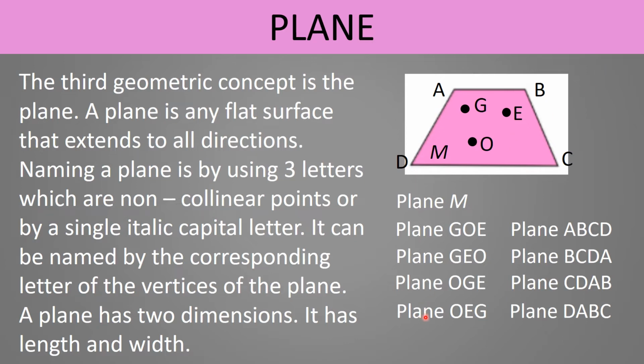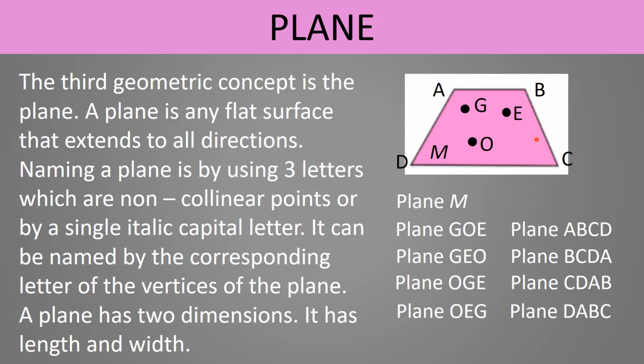Also, we can name it through the corresponding letters of its vertices. Vertices are where the segments intersect. So we have here point A, point B, point C, and point D. These are the vertices, so we can name it as plane ABCD. We can name it counterclockwise or clockwise consecutively, meaning we arrange the letters consecutively.